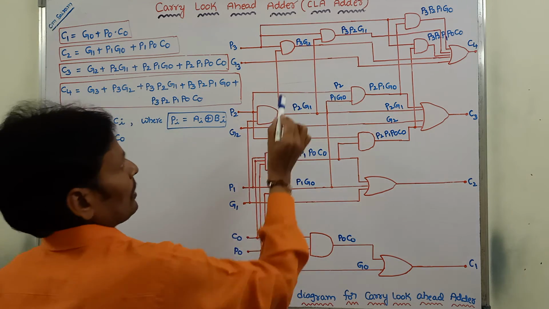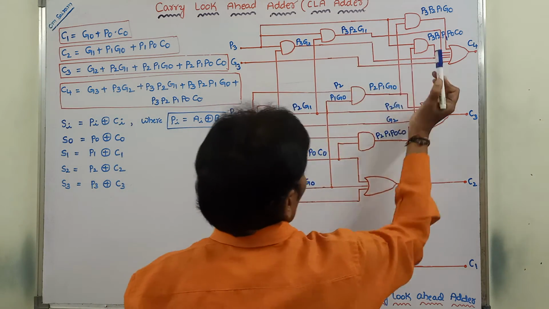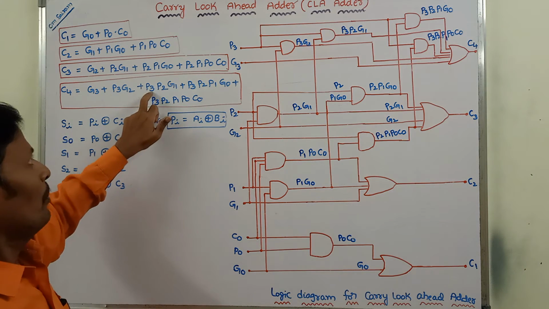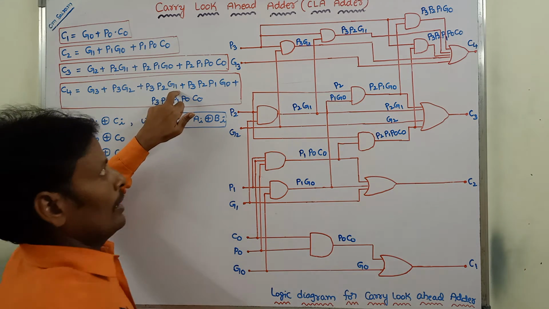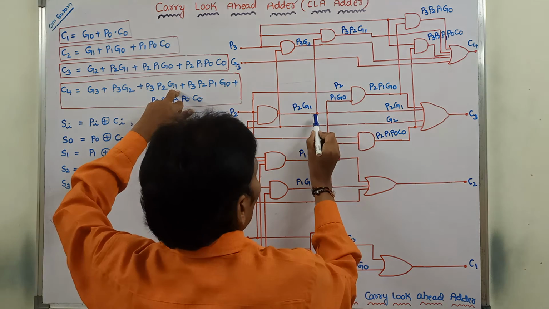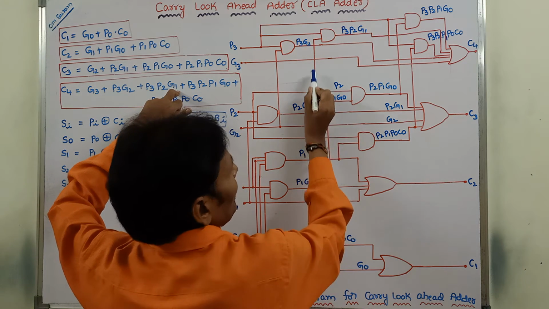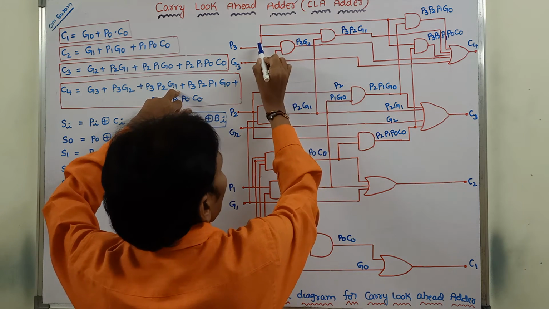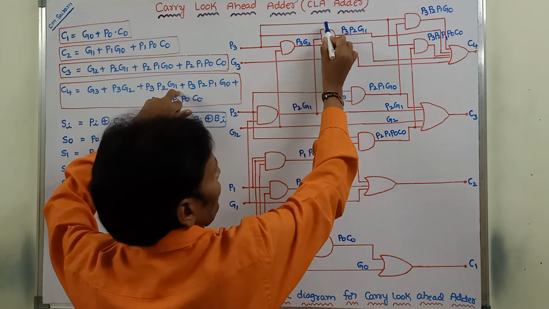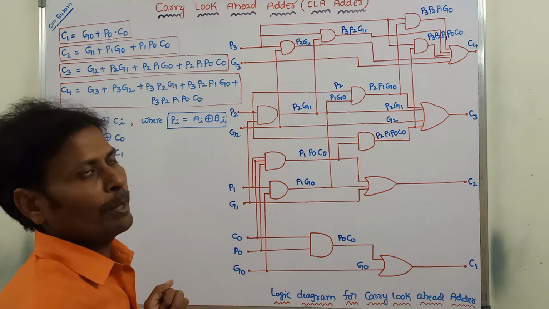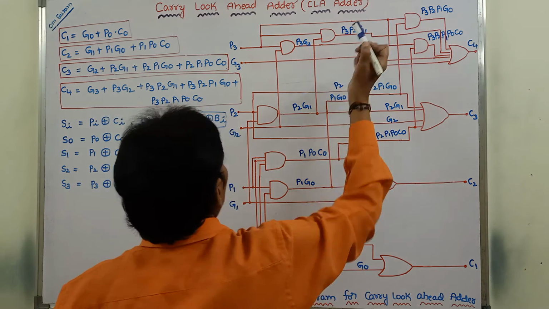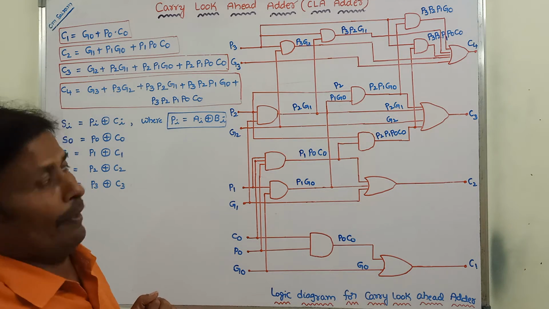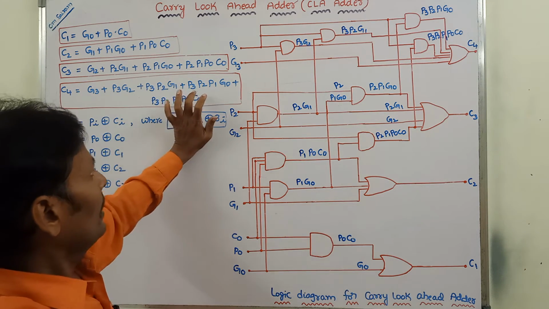This can be sent here. Next, P3 P2 G1. Here P2 G1 is there, I am taking this one, and P3 I am taking here. These are sent to a two input AND gate, then we get P3 P2 G1. Next, P3 P2 P1 G0.